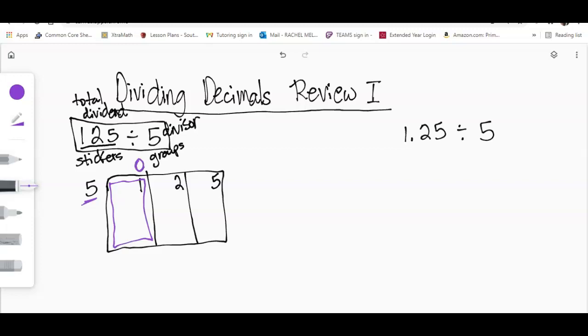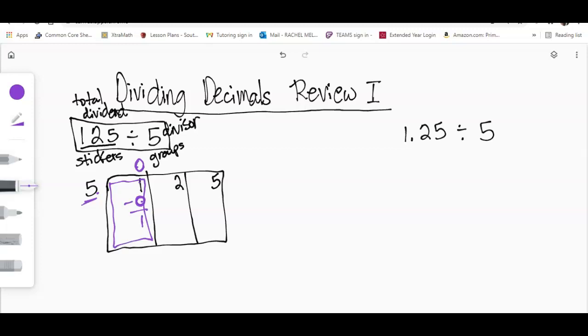This 0 tells me there's no groups that I can make. And now what I want to do is 0 times my 5, which would be 0. And then I subtract, bringing this answer now to still a 1.